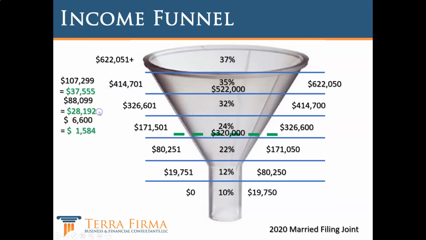Okay, and the last part of it is the 6,600. So 326,600 minus the 320 leaves $6,600, sorry, and at a 24% tax rate, that's a savings of $1,584. You add it all up, that 202 in income savings is a tax savings of $67,000, for a tax savings of 33.3%.